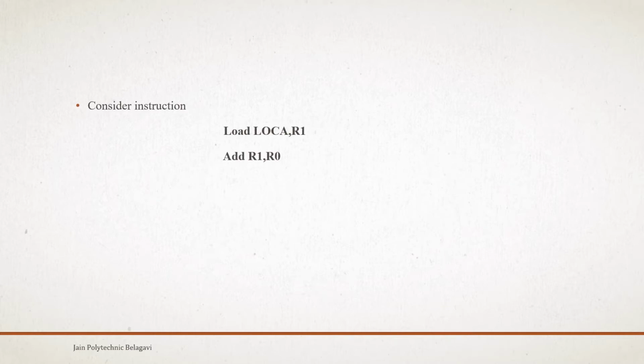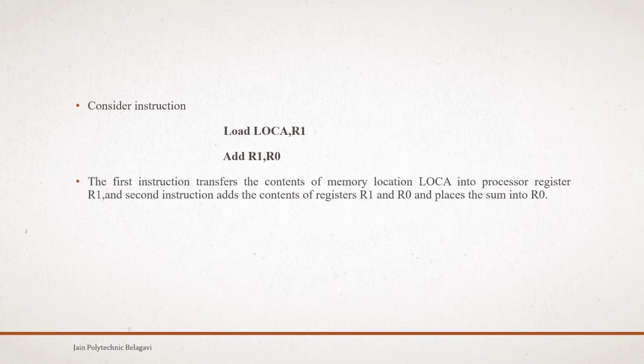Now consider another instruction. Here you can see there are two instructions, that is, load location A comma R1 and add R1 comma R2. So let us go through what these instructions do. The first instruction is load location A comma R1.